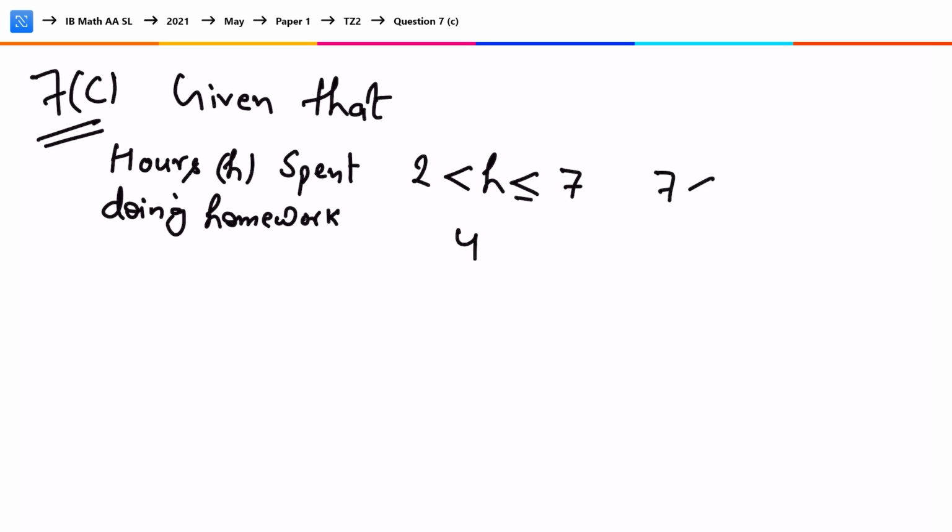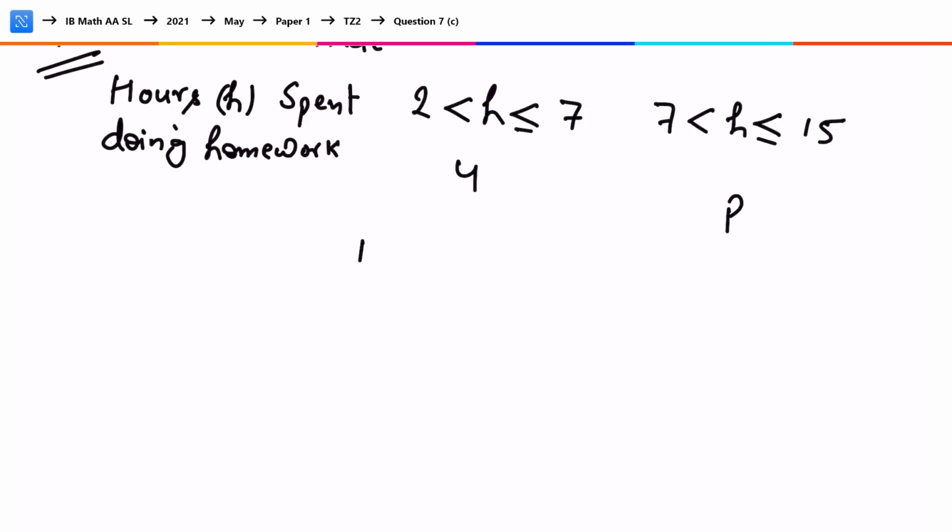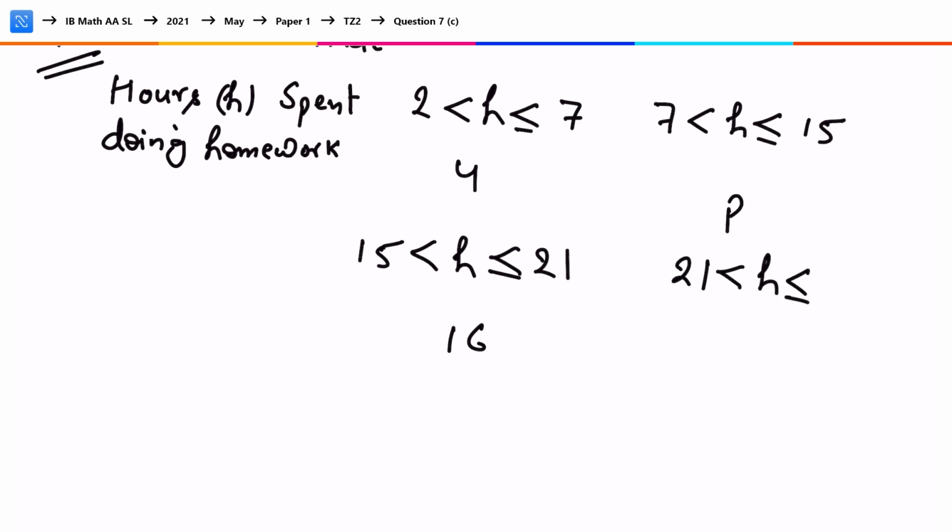H is greater than 7, but less than or equal to 15, and frequency is P. H is greater than 15, but less than or equal to 21, and frequency is 16. H is greater than 21, but less than or equal to 24, and frequency is Q.